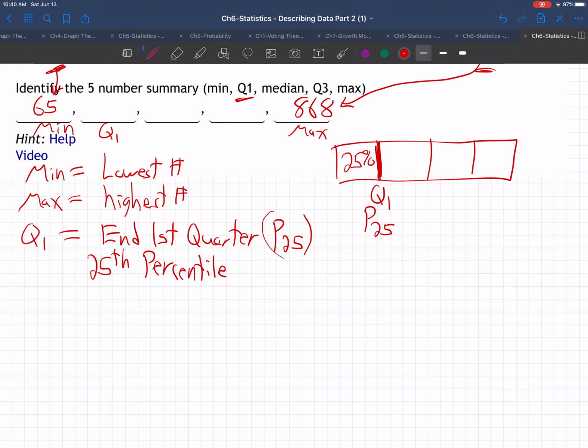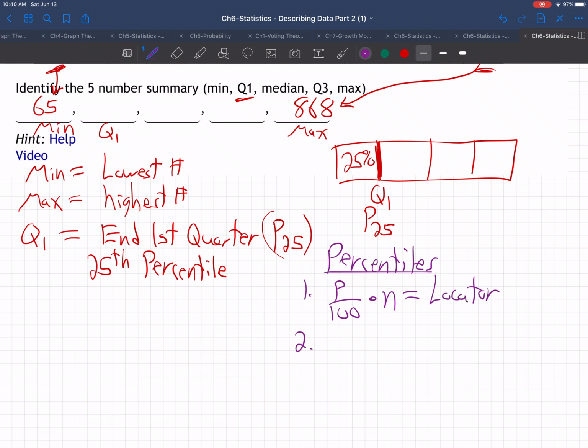So how do we find that? Well, remember, we have a formula for finding percentiles. Let me put it over here. So to find percentiles, step number 1, you take P over 100 times N, and that's called the locator.